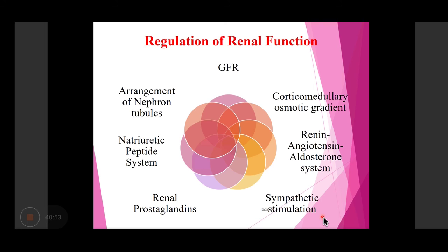They form a special arrangement in the nephron, which is responsible for the release of renin. So what is this called? JGA. Excellent. So the juxtaglomerular apparatus is formed by this arrangement of the nephron tubular cells. So all that is about the regulation of renal function.